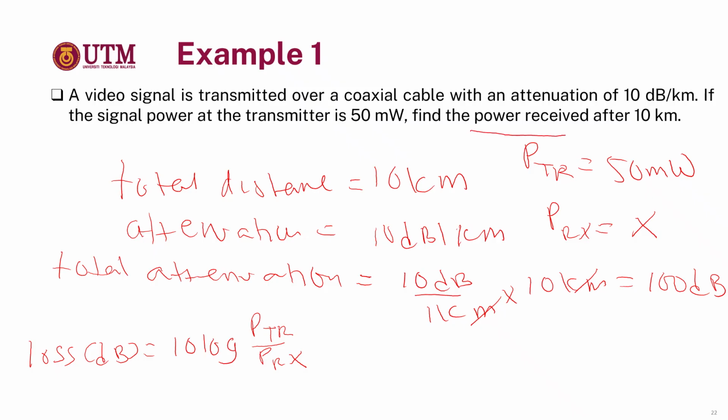If we want to solve this, the question is asking to find the power received after 10 kilometer, which means the question doesn't specify whether the power has to be expressed in decibels or in watts. So the answer is quite flexible in terms of the format, whether in dB or linear. Let's say we want the answer stated in linear.